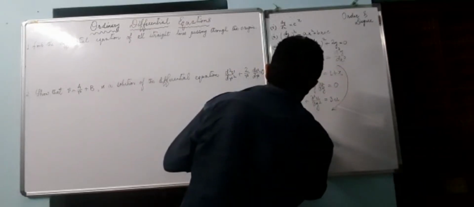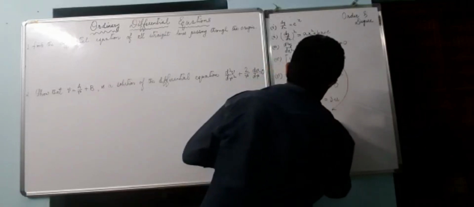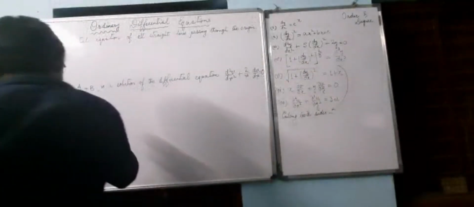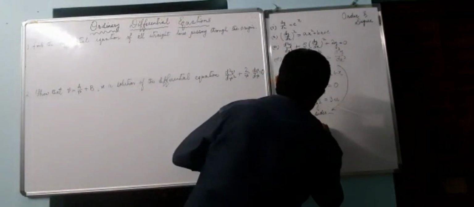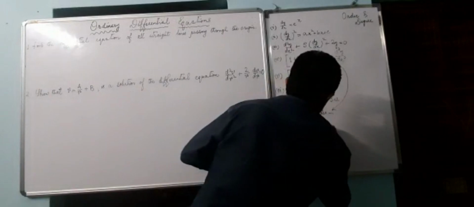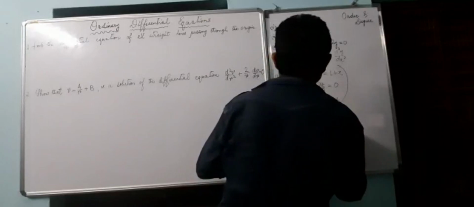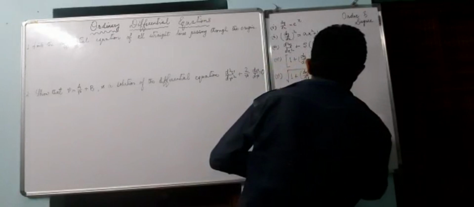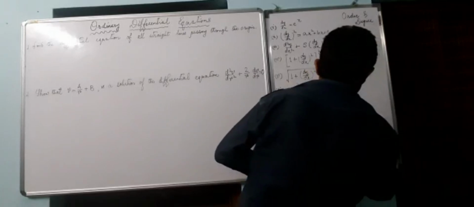Taking the fourth equation, cubing both sides, we get (1 plus (dy/dx) whole square) whole cubed equals (d cube y by dx cube) whole to the power 3.